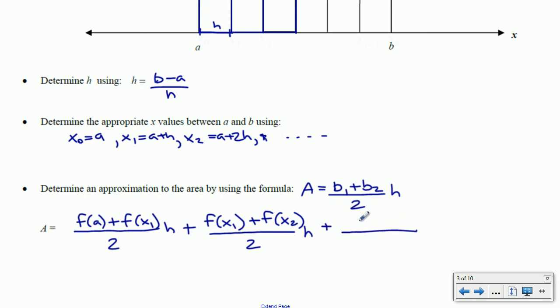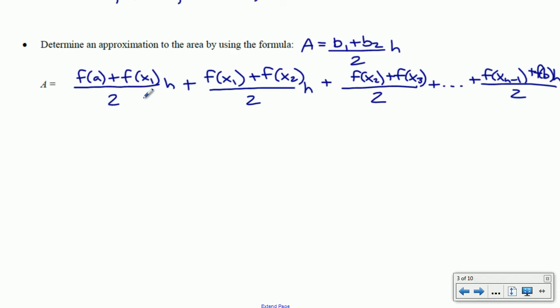And then we would have f at x2 plus f at x3 divided by 2 times h. And then we'd have all the way down the line until we got to f at x n minus 1 plus f at b divided by 2 times h. And hopefully you can still see that.